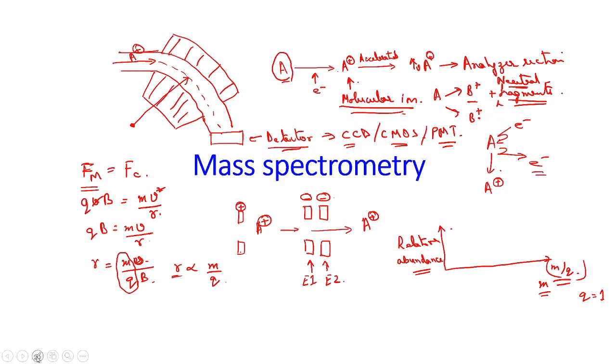Now let us see what I mean by this molecular ion and what I mean by these fragments. Let us take an example where I have a CH bond. Now a typical C has 6 core electrons, and apart from this, it will be having 1 electron which it is sharing with the hydrogen, which is also contributing 1 electron.